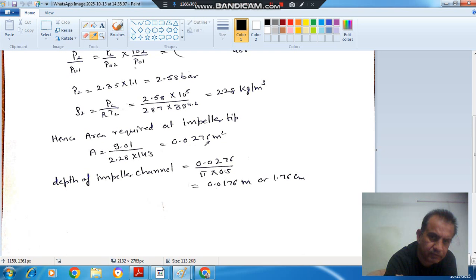Okay, so if we divide it by pi d, then it will be the depth of the impeller channel, that will come out as 1.76 centimeter.